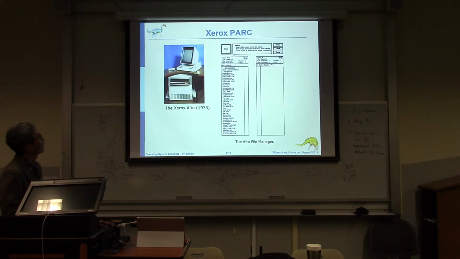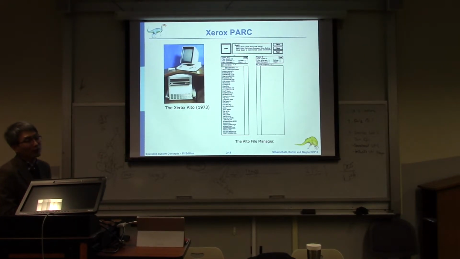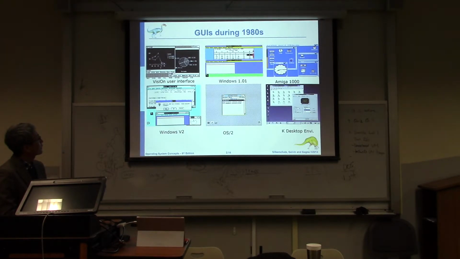So this is early, and we still use a similar style of interface to manage files. It's a source and destination. I used this when I used a computer for the first time, and it's the old-style file management tool. Okay. And this is early 1980.